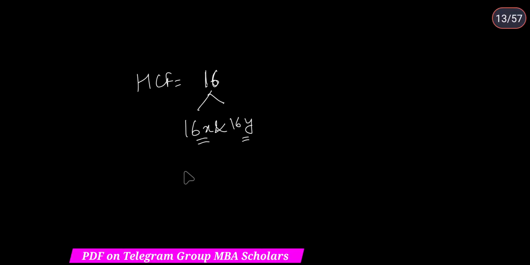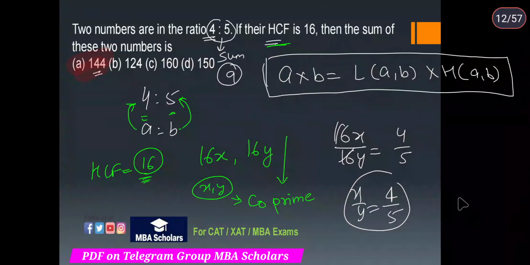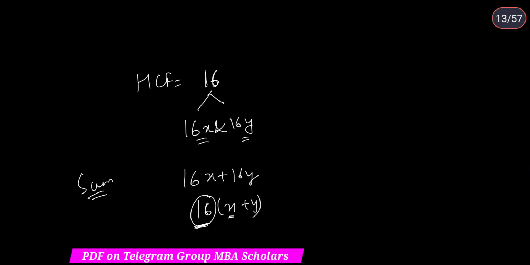So now it is asking कि आपके पास अगर इनका सम करना है तो sum has to be 16 times of x और 16 times of y. तो 16 will be common, तो x plus y. So I can be very sure कि अगर हम इन नंबर्स के सम को देखेंगे तो 16 का मल्टीपल बनेगा. तो by the option भी 16 का एक ही मल्टीपल है, but C के पास एक और चांसेस है कि वो बन सकता है, ठीक है.